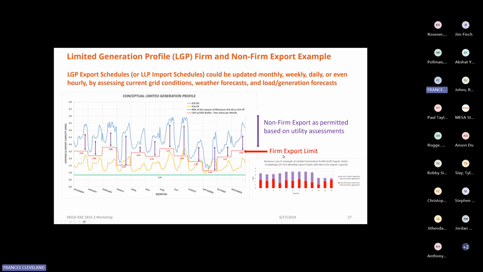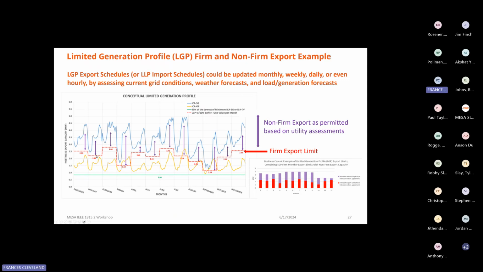But the facility itself may be able to export more. And when the utility looks at, let's say, day ahead or month ahead or week ahead, or even hour ahead, it might be able to determine that indeed there is more capacity on the grid to allow additional export.